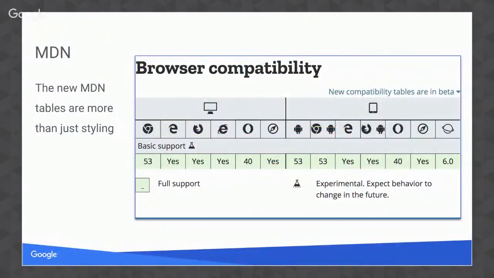But let's talk about something that you may have seen in recent months. The compatibility tables on MDN have changed the way they look. This is an image of the new version, and as you can see, it tells you that this particular feature is pretty interoperable across the web.